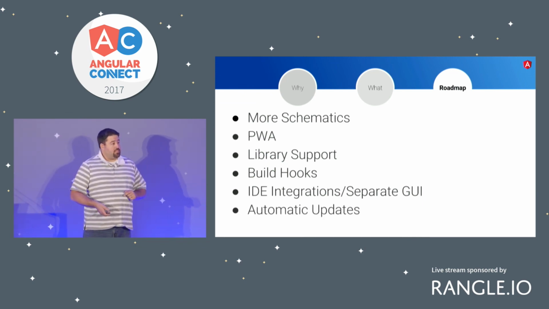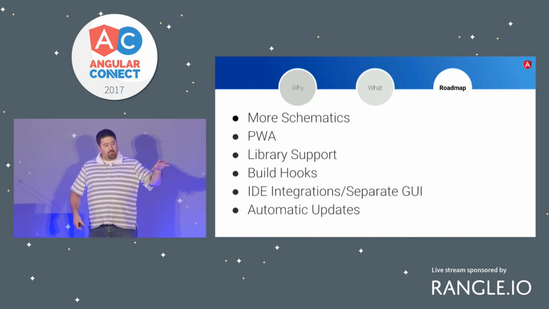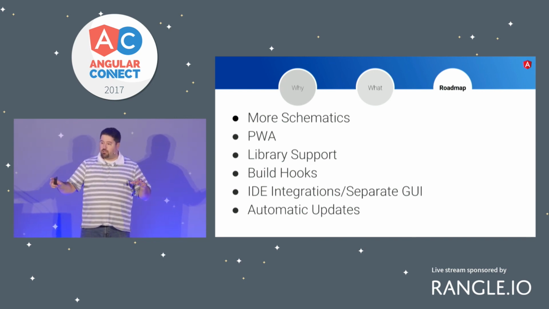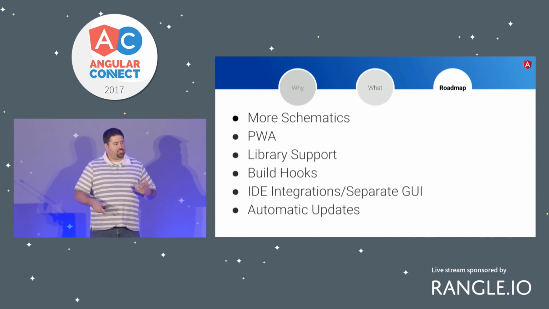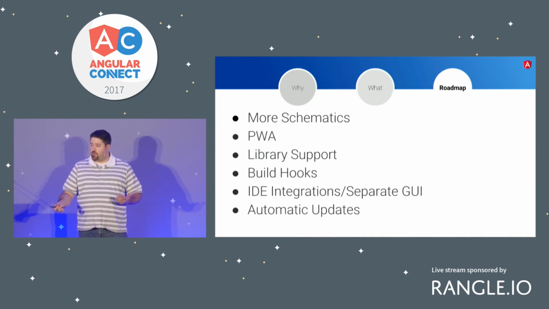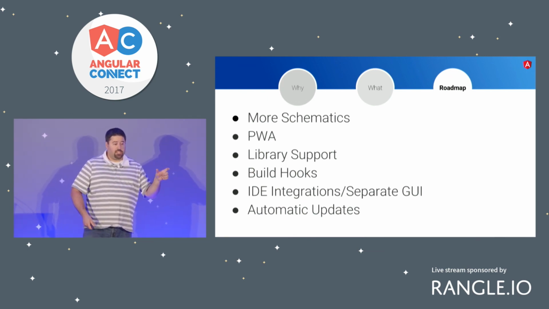Also, automatic updates. So talk about the ideas of what Hans had started on: you have a tree, and then you add some rules on top of that, and you get out another tree. Well, that doesn't necessarily need to be just generating an existing file. The example I like to use for this is Angular 2 to Angular 4, where the breaking change was to go from tags with a template tag to ng-template.